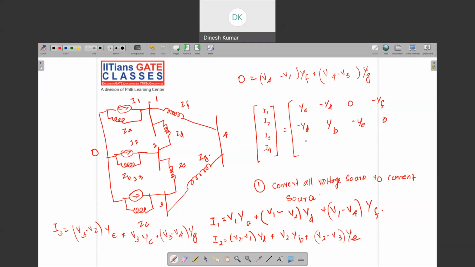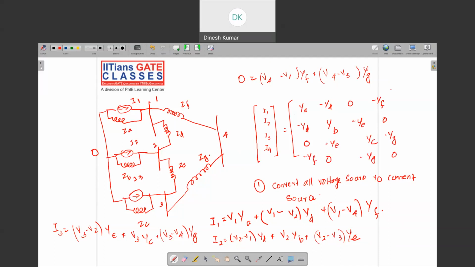The third row is 0, minus YE, then YC, YG. And the fourth row is minus YF, 0, minus YG and 0.